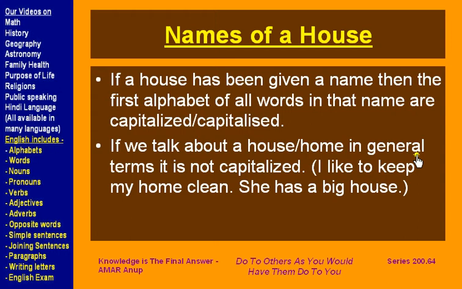Similarly, if we write that she has a big house, the H in house is not capitalized because it is being used in general terms. But if this house or home had a name, then that name will be capitalized as shown here.